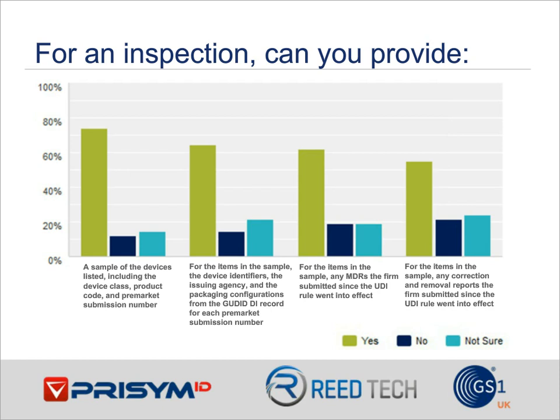Yeah, I think the yes shows good preparation for an inspection. Some of the font's a little small there, but as you progress from left to right, producing evidence for device attributes, and then device issuing agency, and the third one there has to do with MDRs, and the fourth one has to do with recalls and so on.